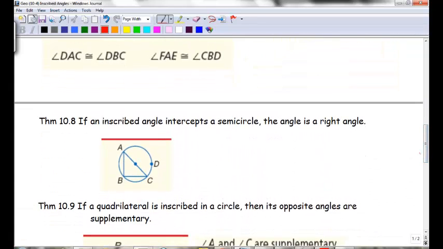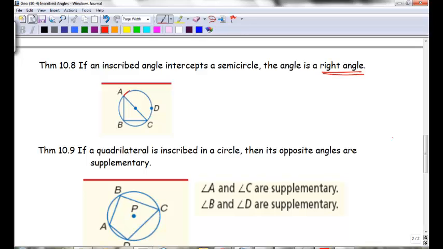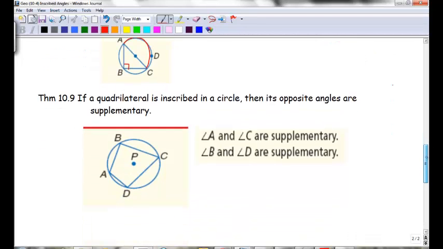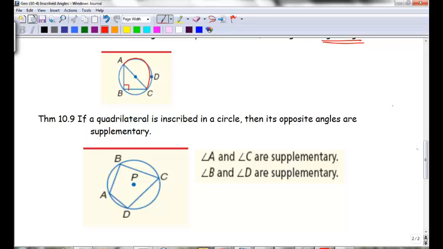Theorem 10.8. If an inscribed angle intercepts a semicircle, the semicircle is how many degrees? 180. So the inscribed angle has to be half that, so it's got to be 90. If it maps out the arc and that's a semicircle, then this angle's got to be 90. Theorem 10.9 says if a quadrilateral is inscribed in a circle, then its opposite angles are supplementary.